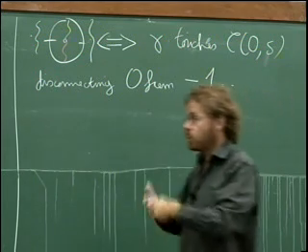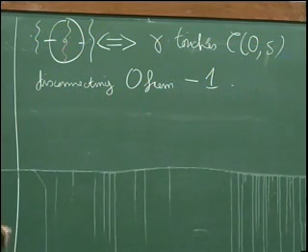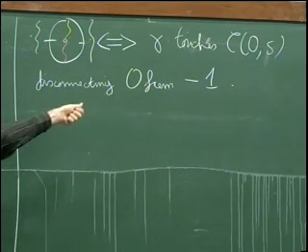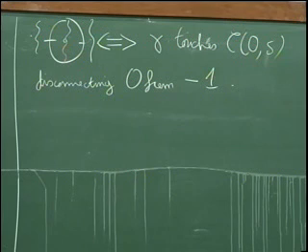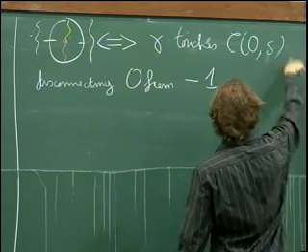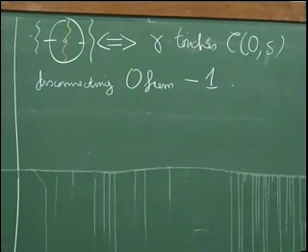You can look at a radial SLE in a disk, fix delta positive, forget that there was a discrete model, so forget that delta was the mesh of a discrete lattice, look at radial SLE, and compute the probability that this occurs for a radial SLE in a disk. And then hopefully, once you do that, you can come back to a discrete model after that.